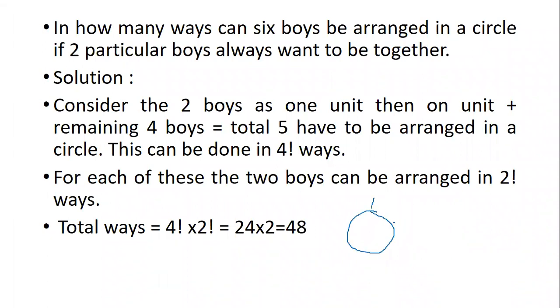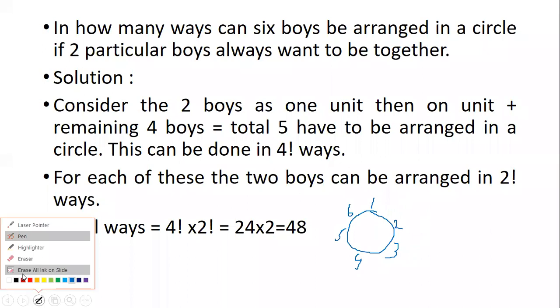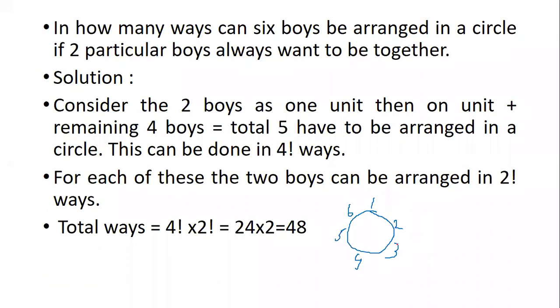So you have 1, 2, 3, 4, 5, and 6. We have 6 boys arranged in a circle, and let's say 2 boys want to be always together. Let us say 3 and 4 always want to be next to each other only.